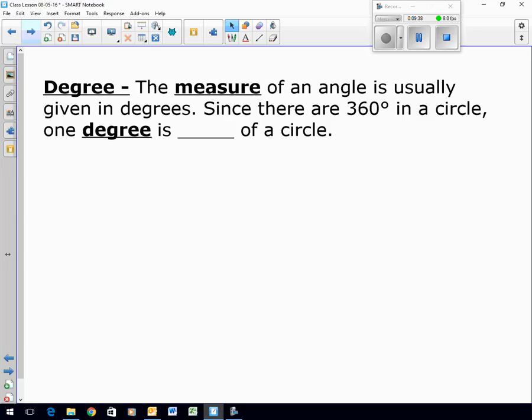We measure those angles in degrees. If this kind of gets us down the road a little bit, there are 360 degrees in the circle. So 1 degree is 1 over 360 of the circle.